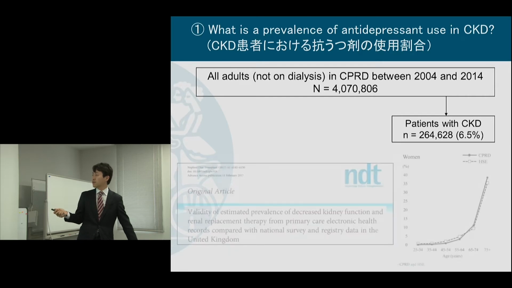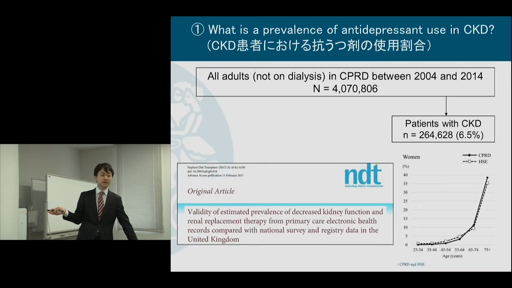And I confirmed that this generally represents the UK CKD population because I compared these patients with nationally representative statistics, the Health Survey for England, as a validation study. You can see this is women, but men were similar. By age, the prevalence of CKD was very similar between the databases. So by doing this kind of validation study, you could make your research more valid.